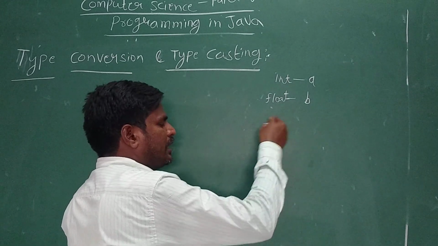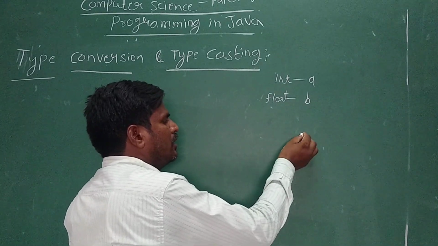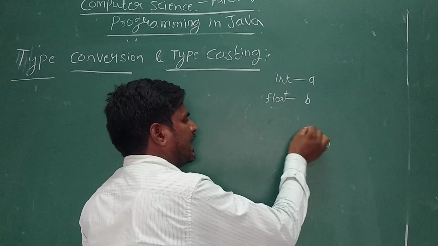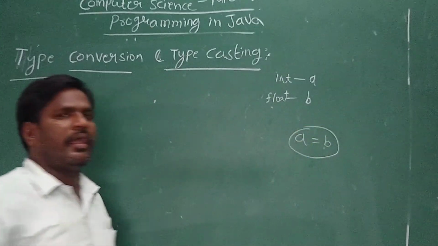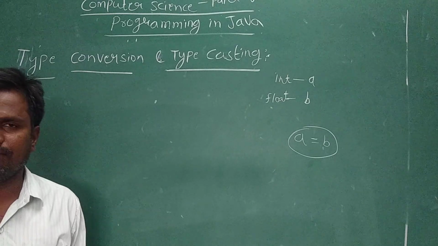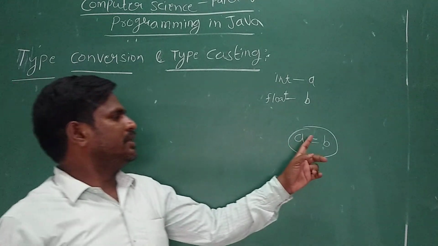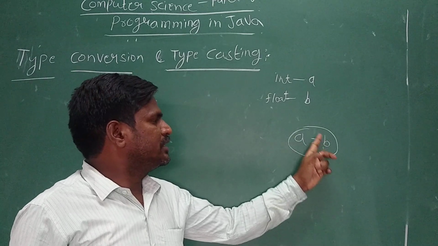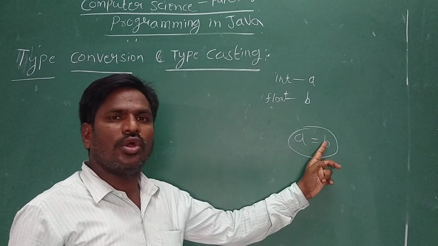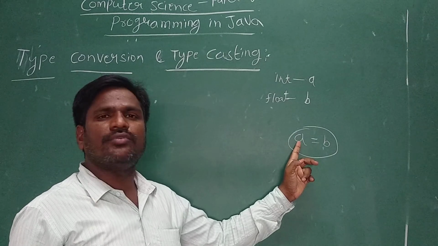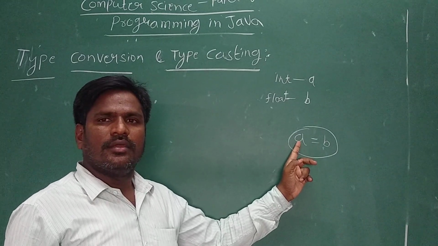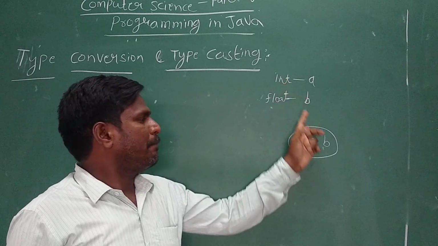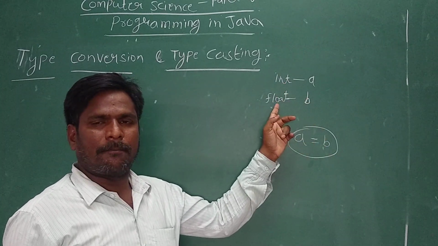While writing the program, in the middle, we may need to assign like this: A equal to B. This is an assignment operator. This expression assigns the value of B to A. Here A is an integer type, B is a float data type.